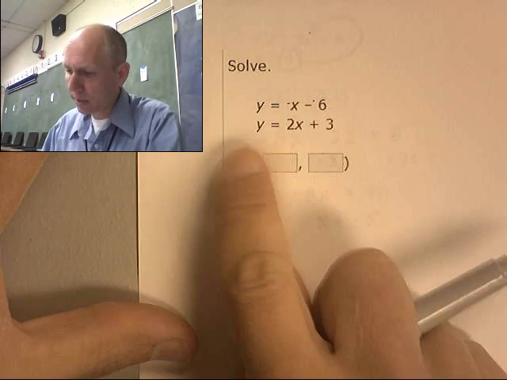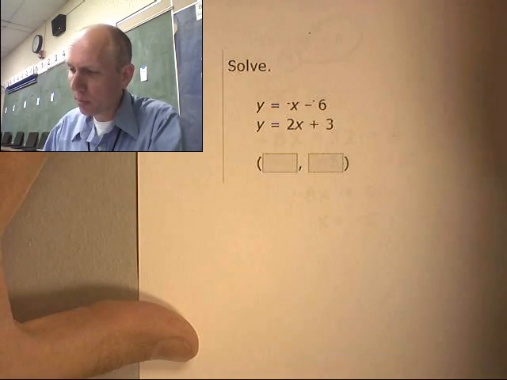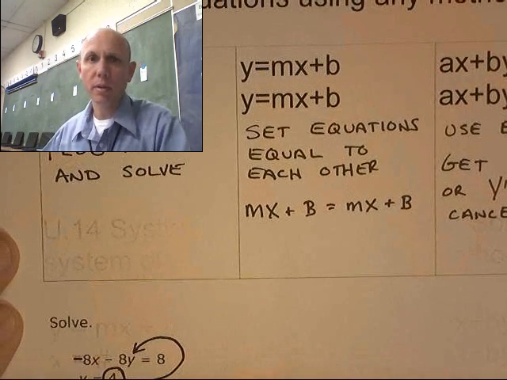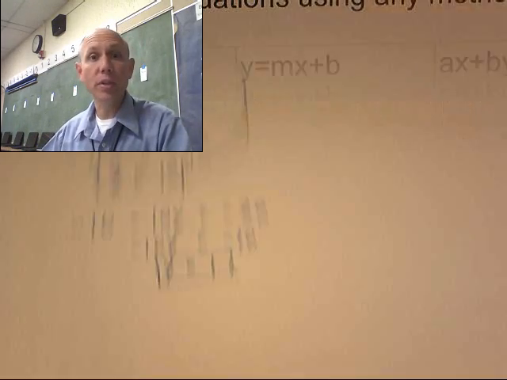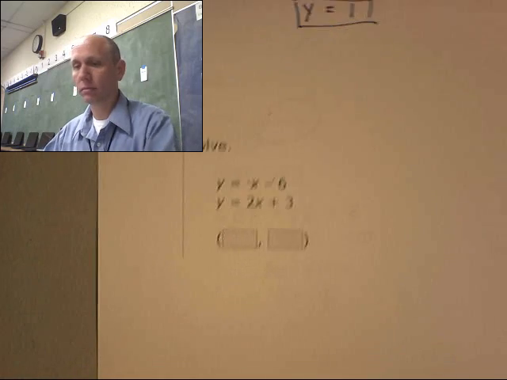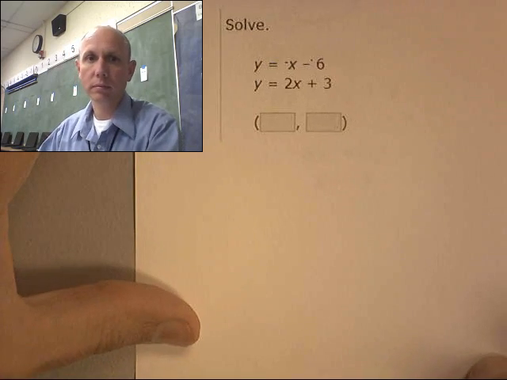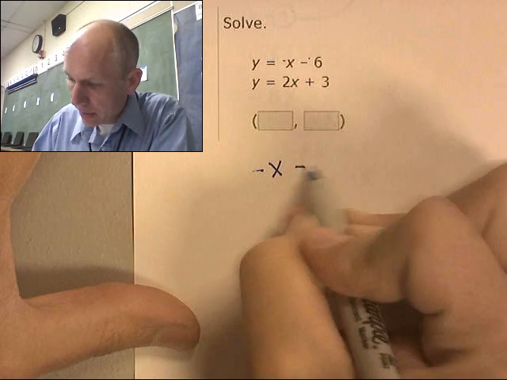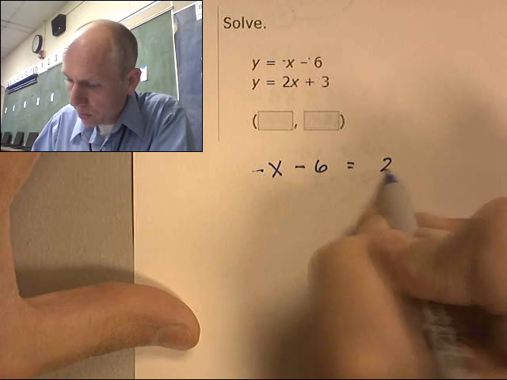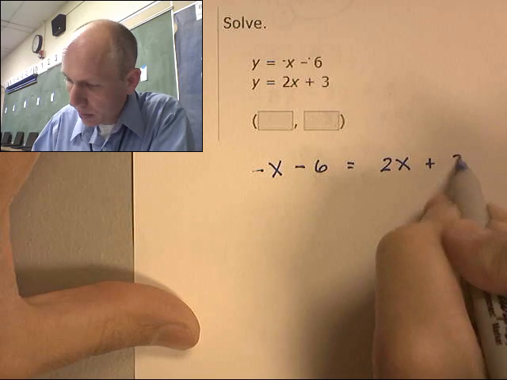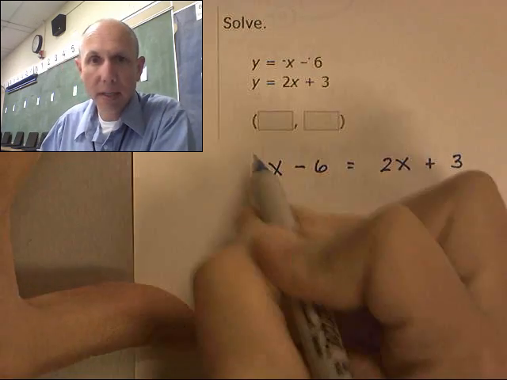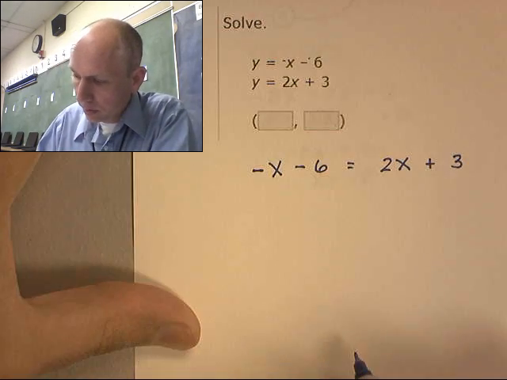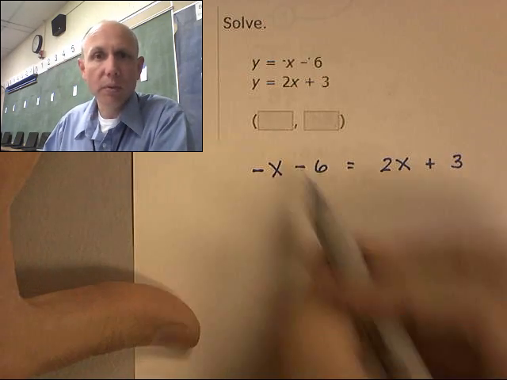Let's see, I have a slope-intercept equation and another slope-intercept equation. What should I do on that one? Two slope-intercept. Set equations equal to each other. Okay. So negative x minus 6 equals 2x plus 3. Setting them equal to each other. Well, let's get something to cancel out.